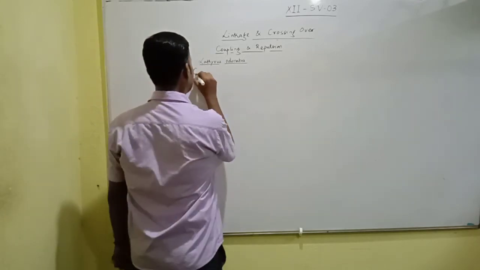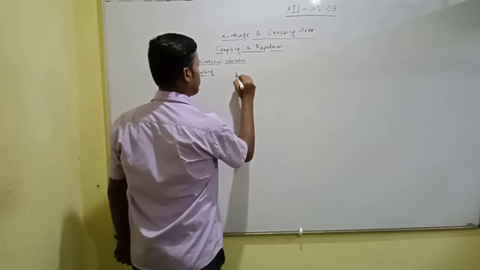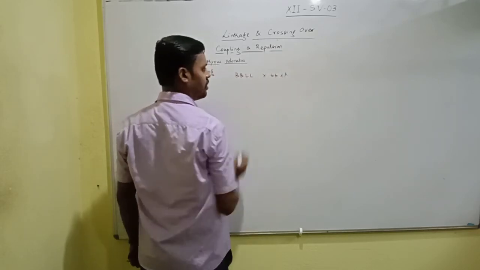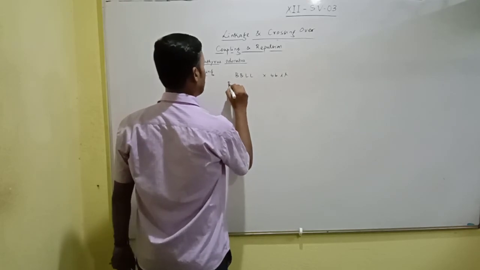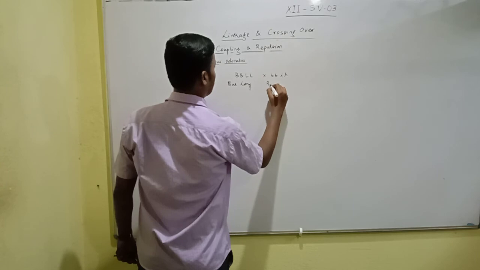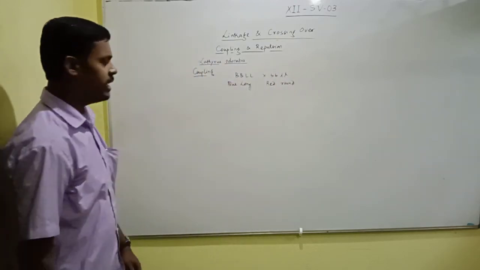Two experiments: first is coupling, meaning coupled. Blue flower with long pollen is crossed with red flower with round pollen.